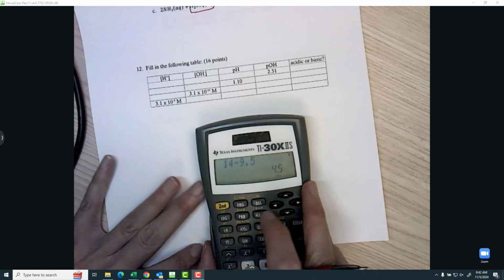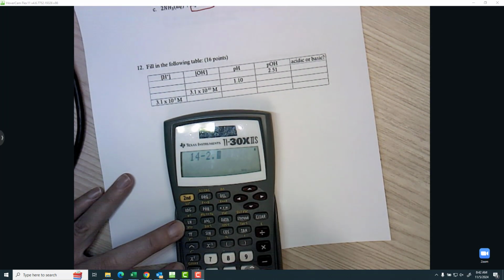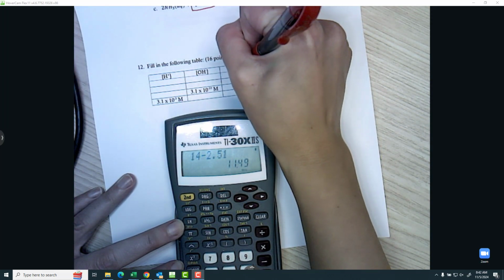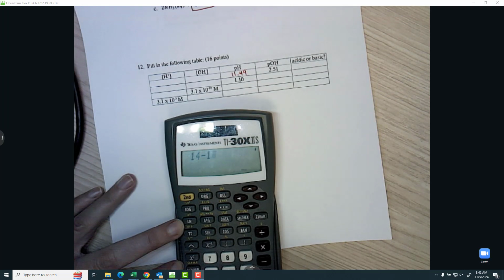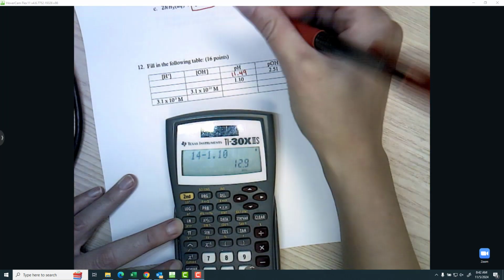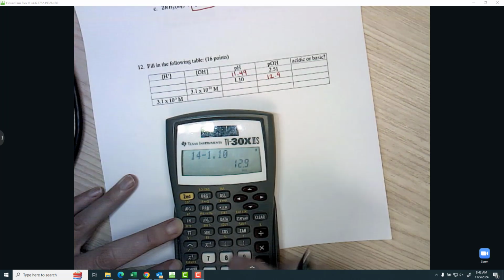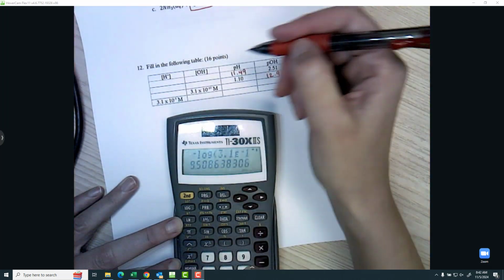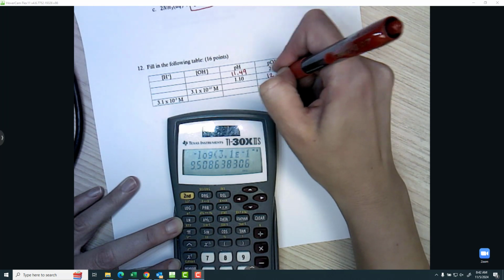All right, for number 12, you could, again, do this lots of different ways, but I'm just going to choose to fill in all my pH and pOH columns first by subtracting from 14. And for the ones that I don't have a pH or a pOH, I'll do minus the log to get one of them and then subtract from 14.